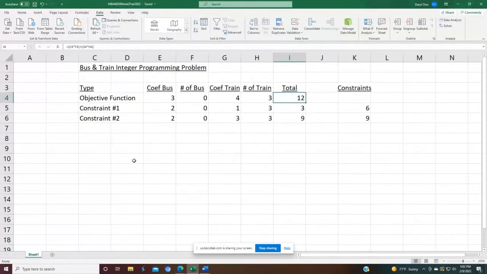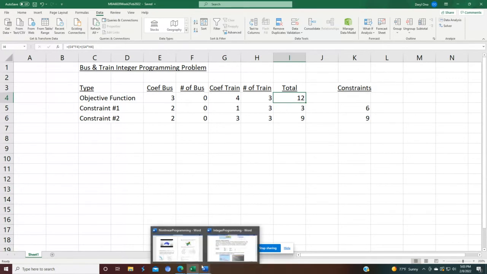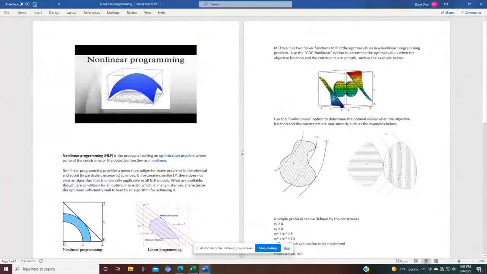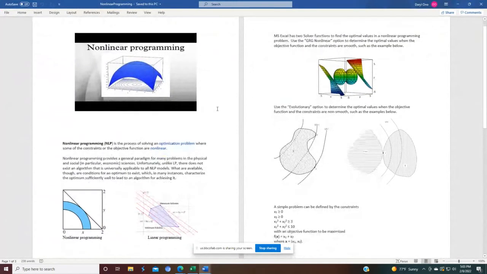Okay, any questions then on the integer programming? All right, now let's go to the second handout that I gave you, and this will be nonlinear programming. So let's look at nonlinear programming here.